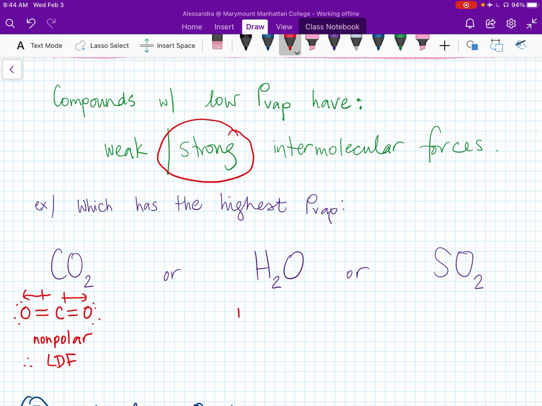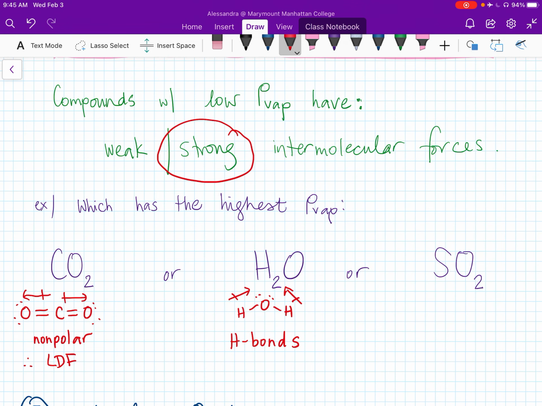Well, water we know is very polar, of course, because of its bent structure. So that bent structure means we have a high degree of polarity, and what's more, we have oxygen and hydrogen directly bonded to each other. So water has hydrogen bonds. Now, we know that hydrogen bonds are very strong intermolecular forces compared with London dispersion forces.